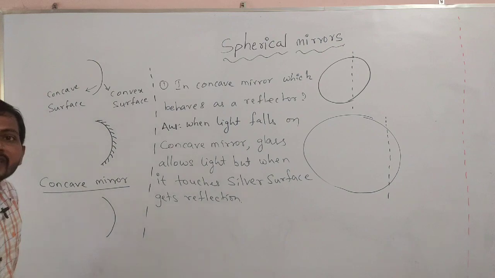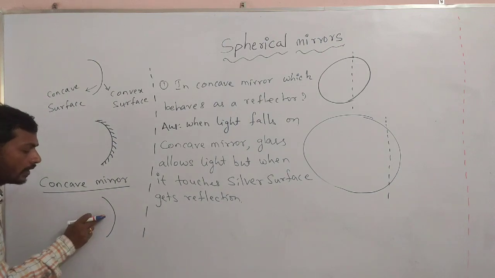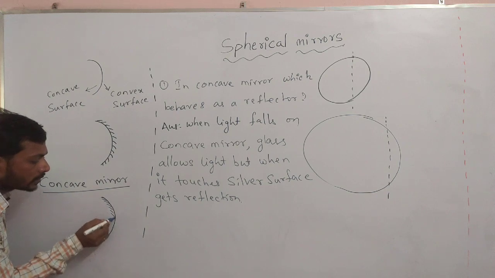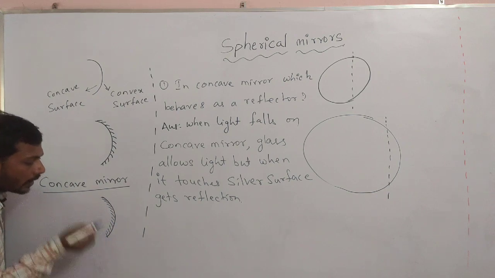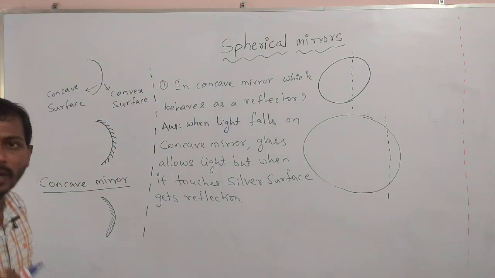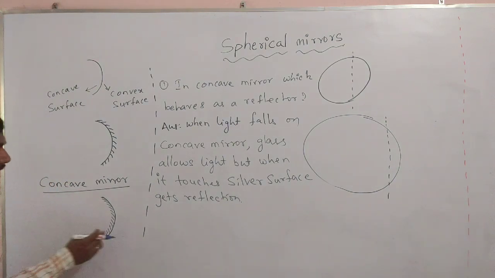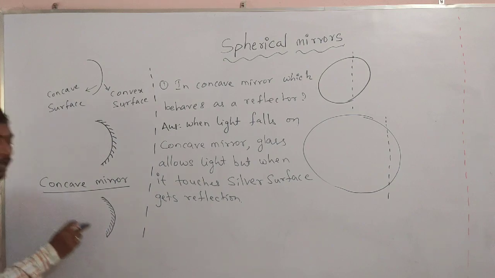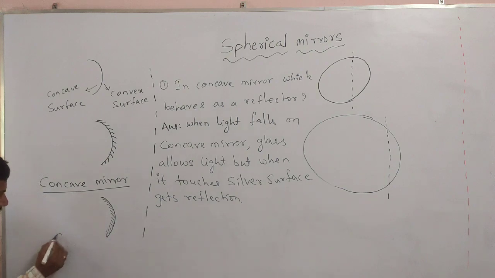Then I have to color which side? I have to color this side. Then this side I have done with silver coating and color with red oxide or any one color. Then I am going to say this is going to behave as a mirror. Then this is which type of mirror?